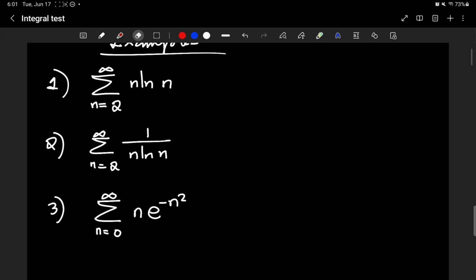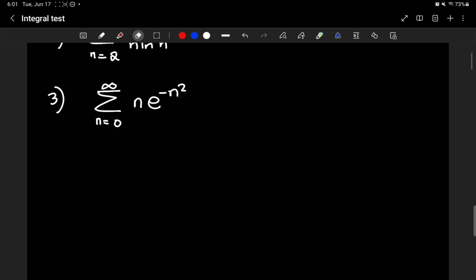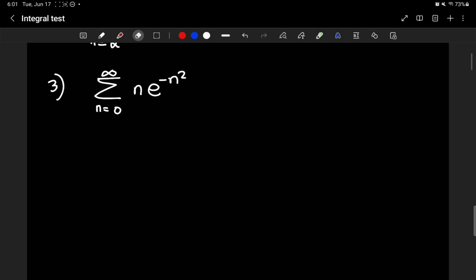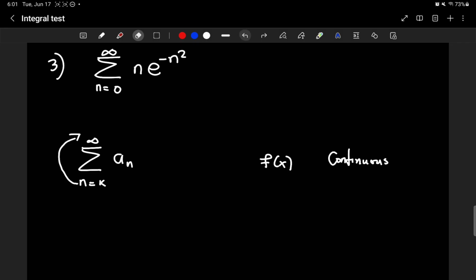The first thing that we need to do is understand what determines convergency when you're using the integral test. Now here, we first define a series, an, changing from n equals k to n equals infinity. Based on the structure of an, we define a function f of x. So the function f of x is the one that we're going to be integrating.